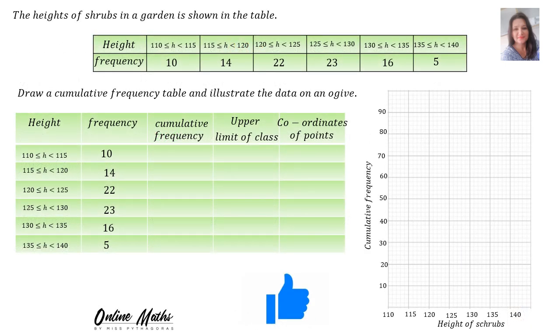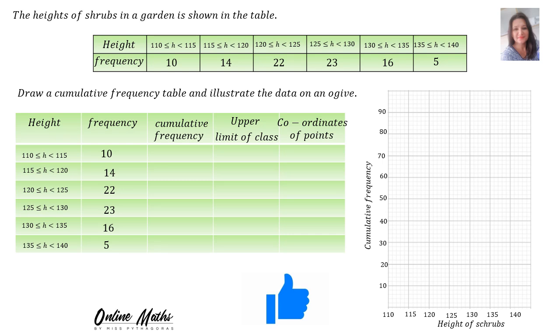Let's do an example. The heights of shrubs in a garden are shown in the table. There you can see we've got heights and frequency. The first one means there were 10 shrubs that had a height h smaller than 115 and h greater or equal to 110.